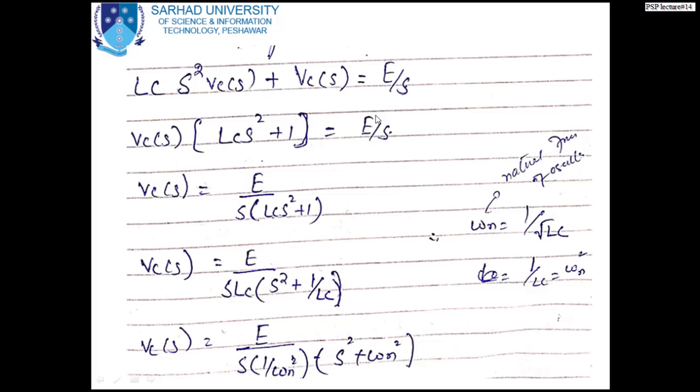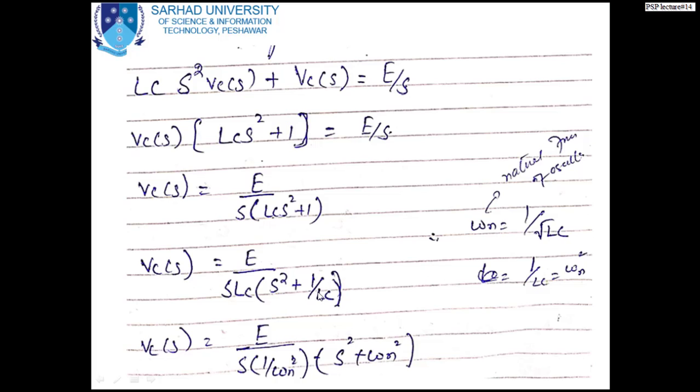When we shift this to the right hand side, VC(s) on the left hand side will be equal to E divided by s times the bracket LC s squared plus 1. Okay. Now we can take LC common from the denominator. So this will be equal to s squared plus 1 over LC.